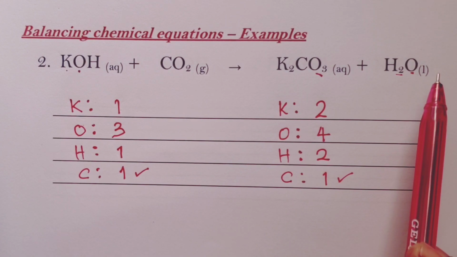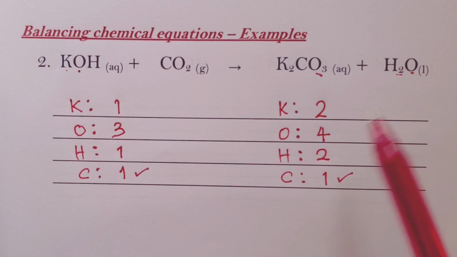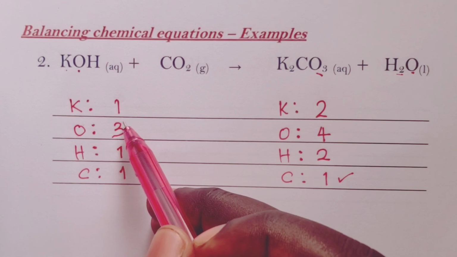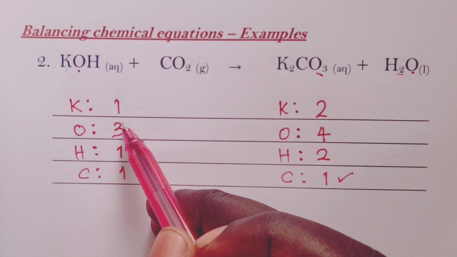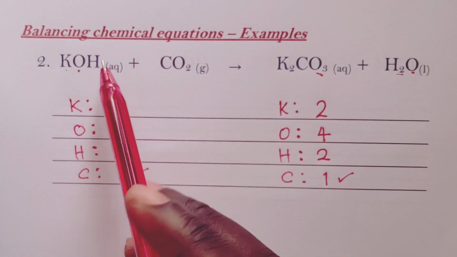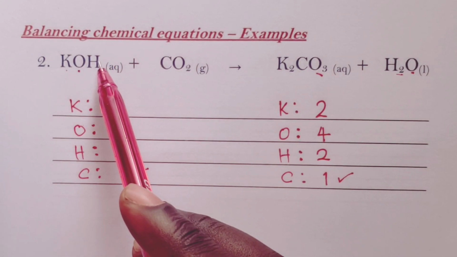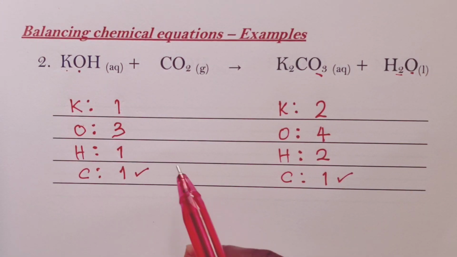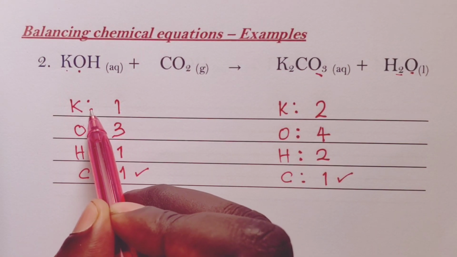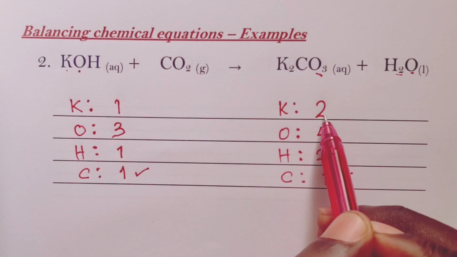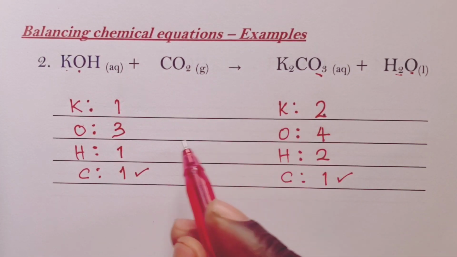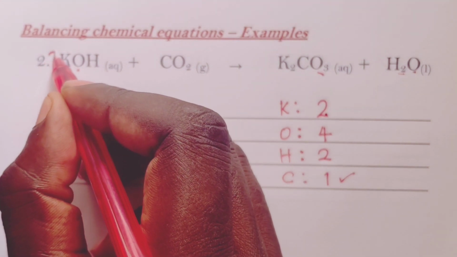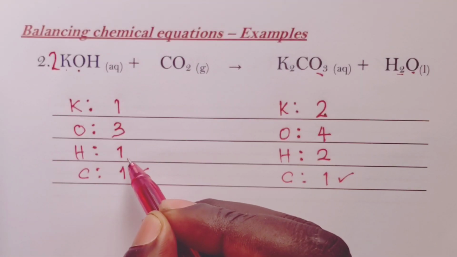So we shall approach this equation from the potassium side because it makes the work easy. Potassium appears to be simple because it appears in only one substance on the reactants and one substance on the products. So I want to make potassium 2 on the left so that I equate it to the ones I have on the right. Let me put a 2 on my potassium hydroxide.